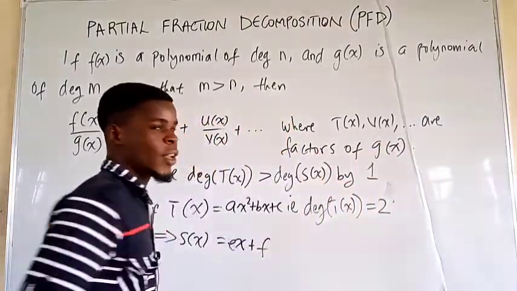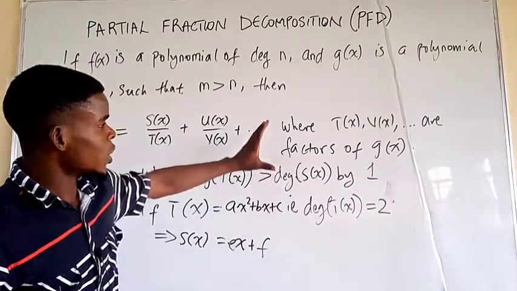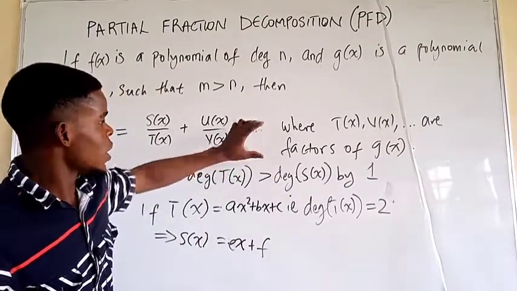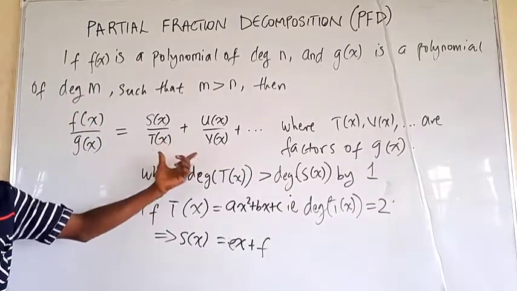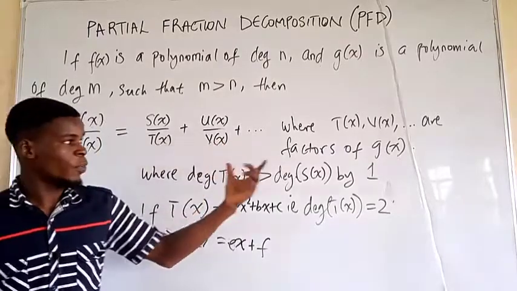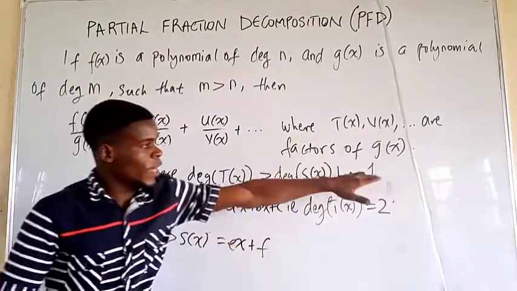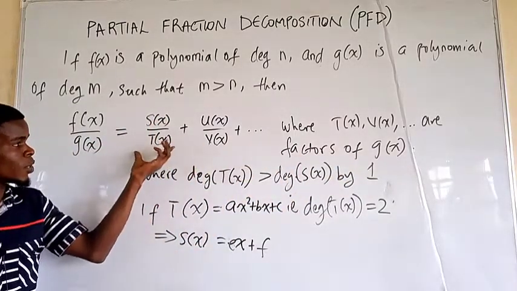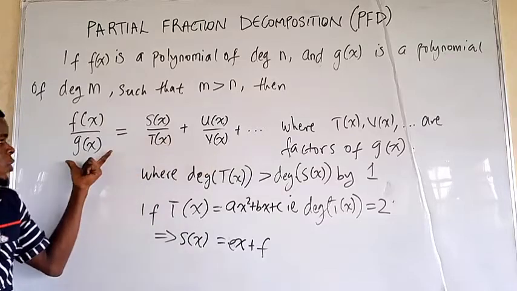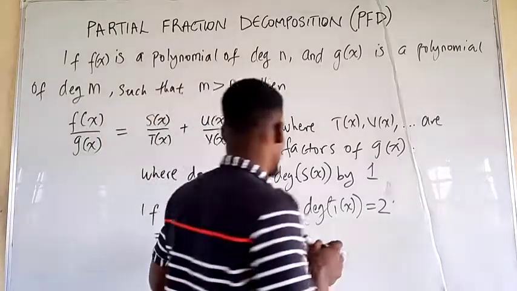This is very, very important, because I'm saying this will be equal to this. Now, these denominators here are going to be the factors of the g of x. That is, from this fraction, we decompose it. So each of these denominators are factors of this bigger polynomial on the denominator of the left-hand side.